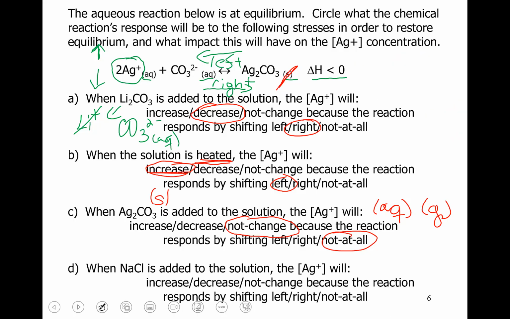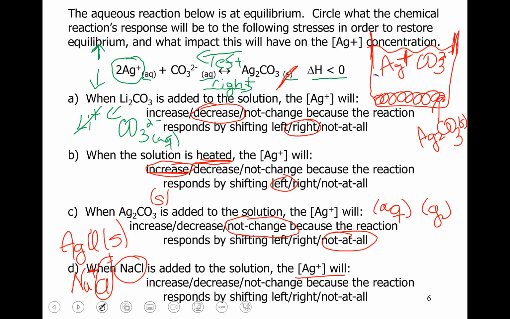My last question is, when we add sodium chloride to the solution, what will the silver ion do? So hopefully you remember that sodium chloride is Na plus and Cl minus. You may also remember that Cl minus reacts with silver in order to make AgCl solid.